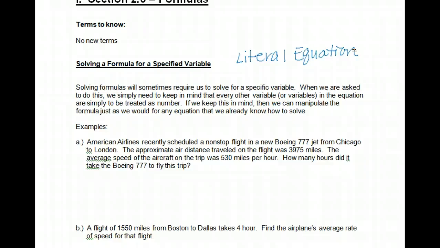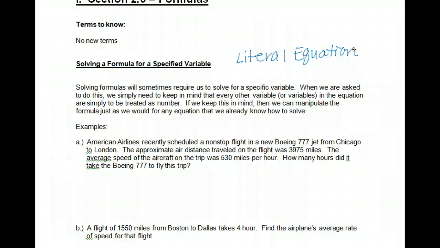Okay? When you're asked to do this, you simply have to keep in mind that every other variable, or all of the other variables, depending on the situation, that are in the equation are simply to be treated as if they are a number.